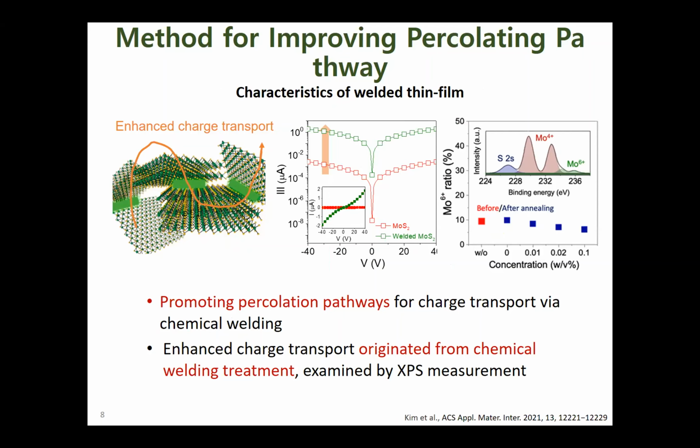Furthermore, we demonstrate the origin of high electrical conductivity by XPS analysis, where the Mo6+ ratio can provide the evidence of degree of oxidation. A similar level of Mo6+ ratio before and after the treatment means that increased electrical conductivity is not originated from the formation of metallic MoO3.